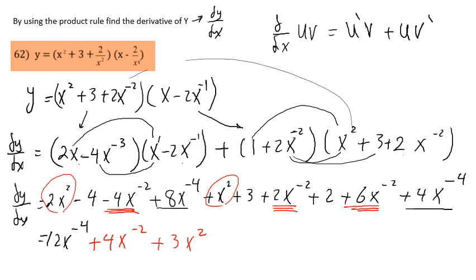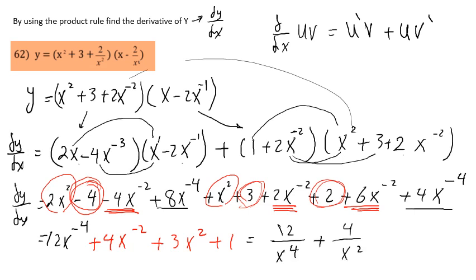And 2 plus 1 is 3. And finally negative 4 and positive 2, positive 3 is positive 1, which can be written in the form of 12 over x to the power of 4 plus 4 over x to the power of 2 plus 3x squared plus 1.